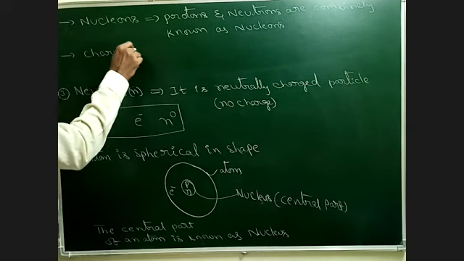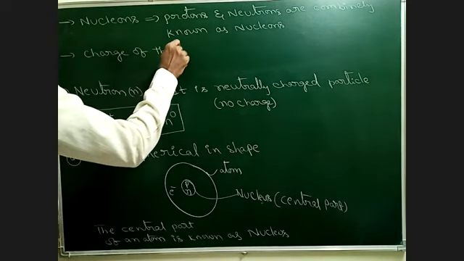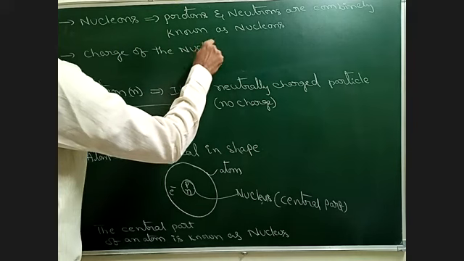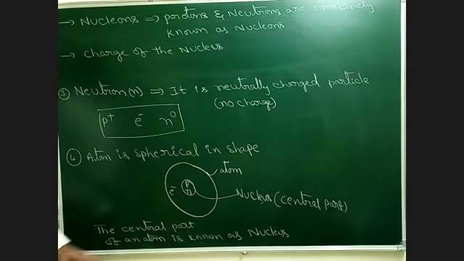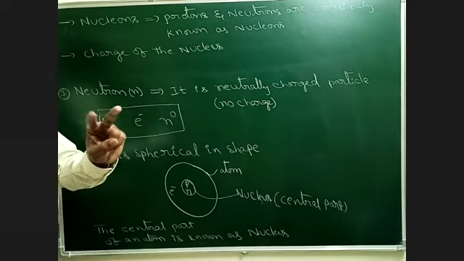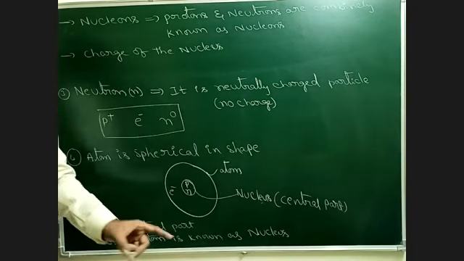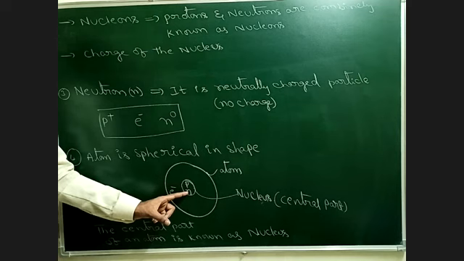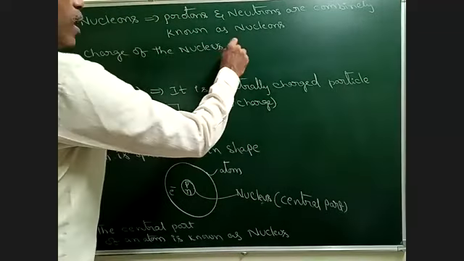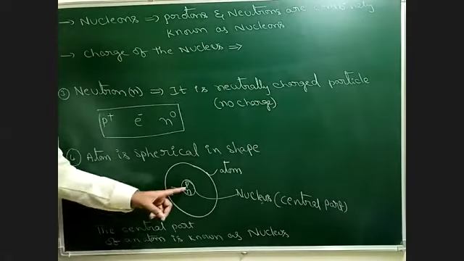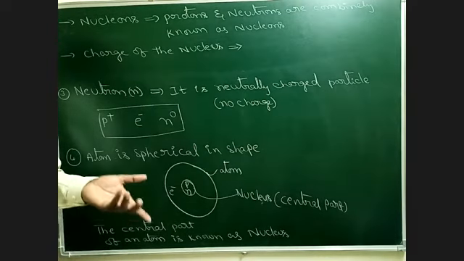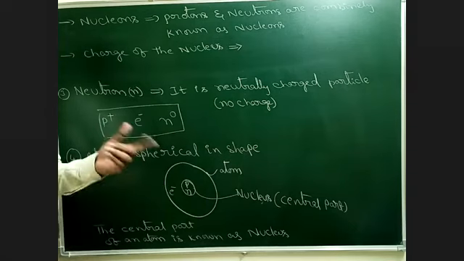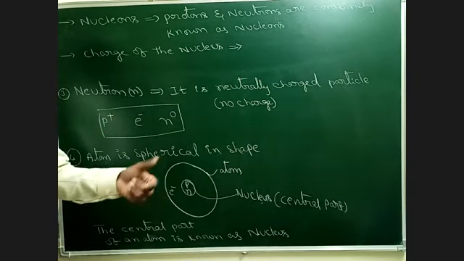Charge of the nucleus. Here in the nucleus, there are two subatomic particles, proton and neutron. What is the charge of proton? Positive. Charge of neutron? No charge, that is 0. Positive plus 0, positive.